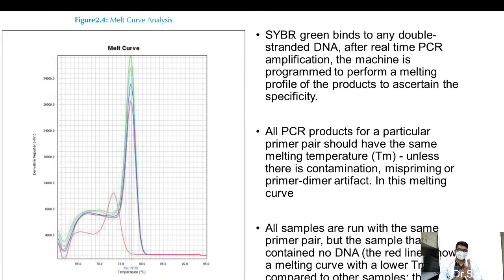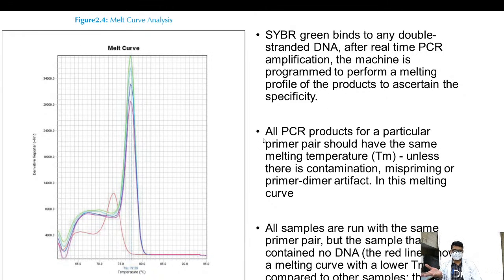Whereas SYBR Green is non-specific, after the real-time PCR amplification, in melt curve analysis, the machine is programmed to perform a melt profile to ascertain the specificity. As I said, SYBR Green binds non-specifically. To see the specificity, we do the melt curve analysis.